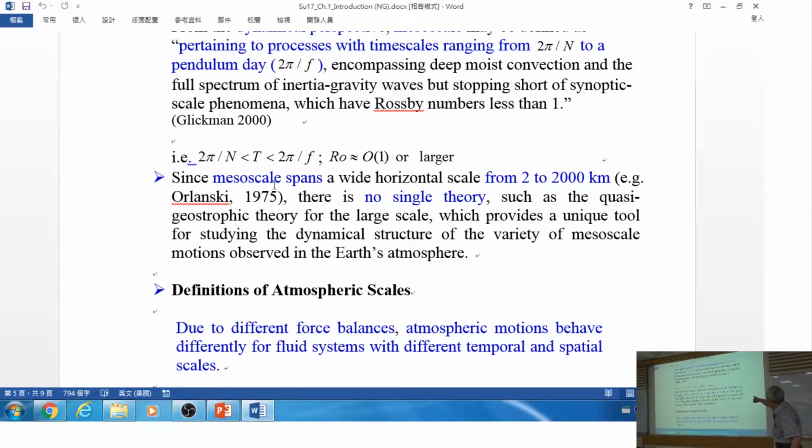Some large-scale people don't like it and say 2,000 kilometers is our territory, so some say 2 to 1,000 is more fair, depending on how you define it.